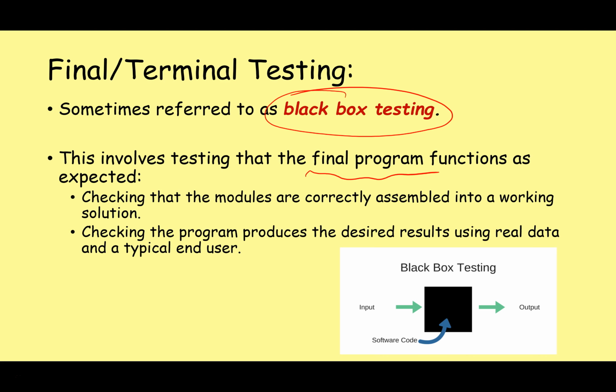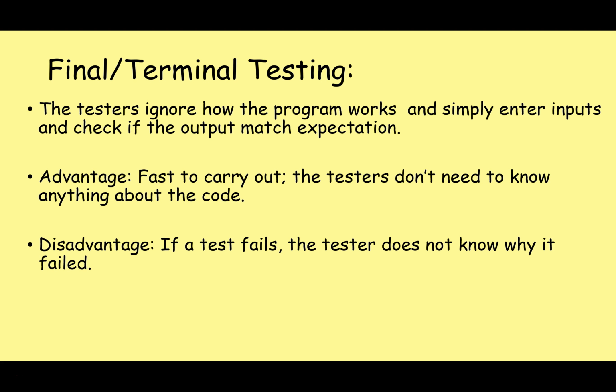So with black box testing, all the code is hopefully finished, you input data, and you check that you get the expected result. Testers in this sort of testing ignore how the program works and simply enter the inputs and check if the output matches expectations.